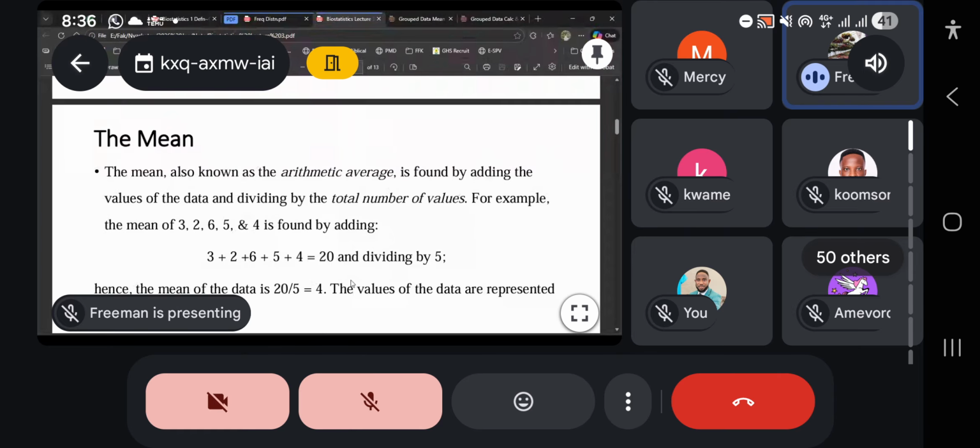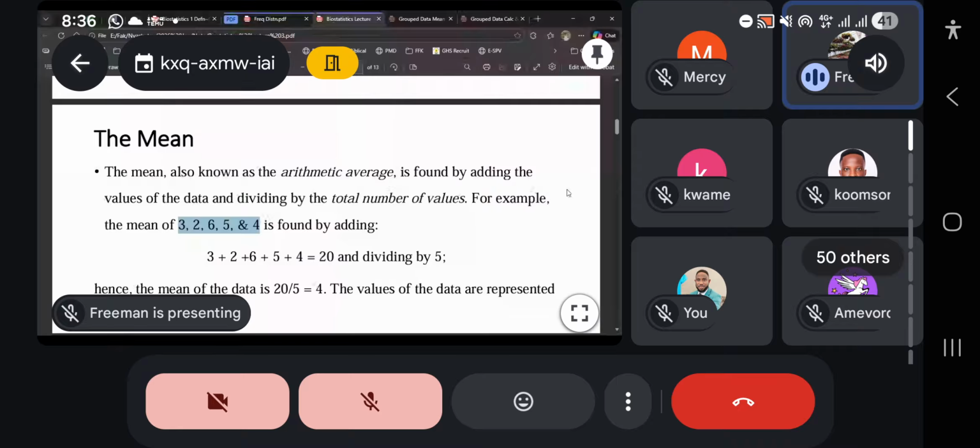We mean that you add all the data elements and divide by the number of them. So for ungrouped data, we have 3, 2, 6, 5, and 4 as a set of data.